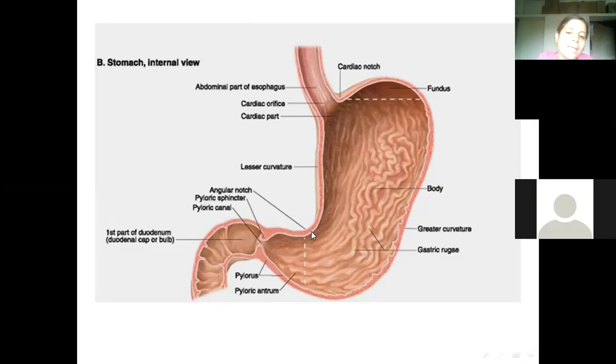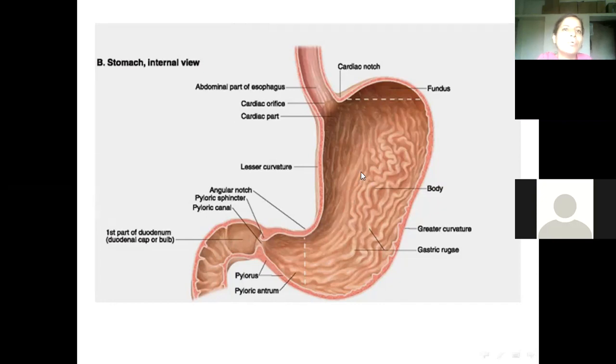Okay, and gastric ulcer plus duodenal ulcer, together we use the word peptic ulcer. We studied this in physiology, and I am repeating it in anatomy because you are supposed to write this point as well. These mucosal folds in the interior of the stomach are called rugae.